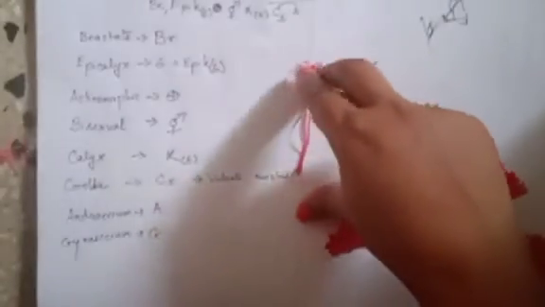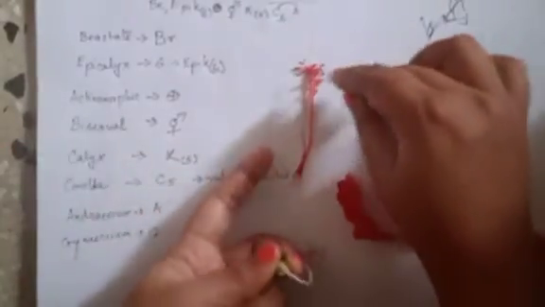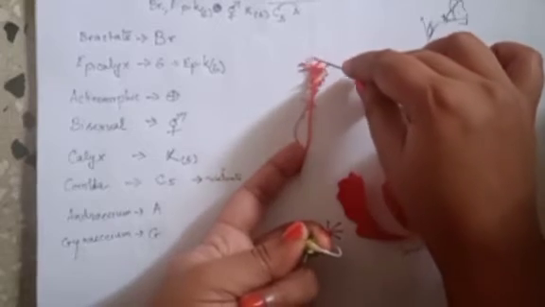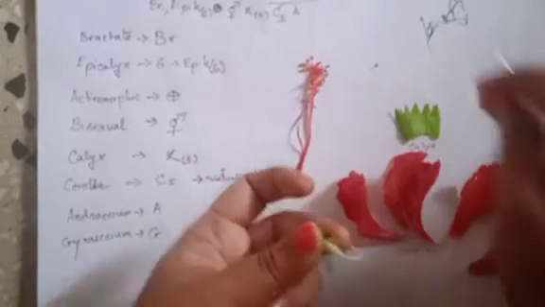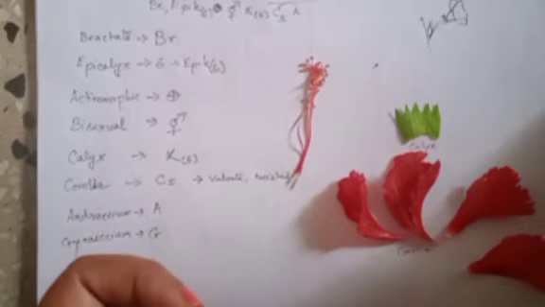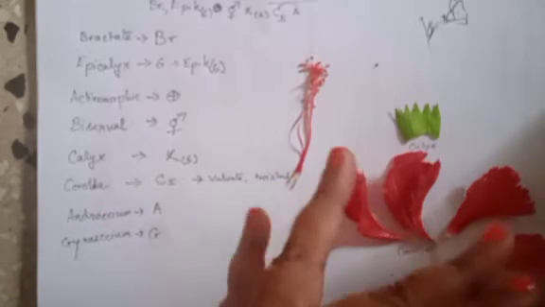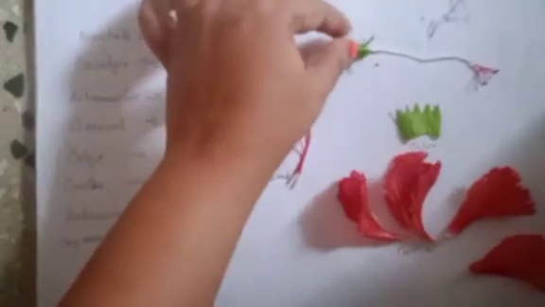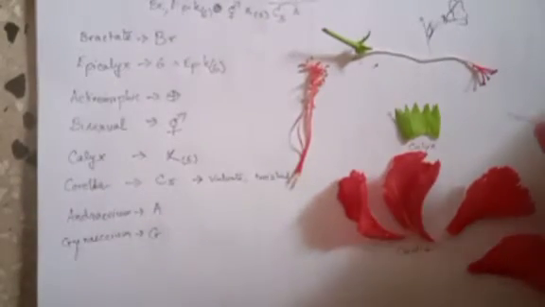So this is my androecium. Here in the stamens, this is the staminal tube that I have, and this is the anther, and herein I have the style and stigma. See, this is where I have the stigma. This is the stigma. There are 5 stigma.